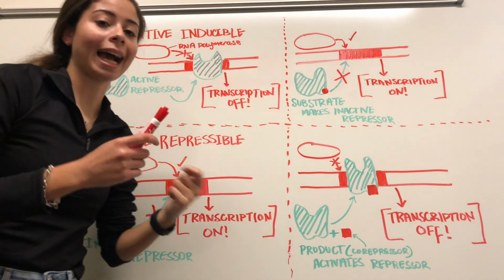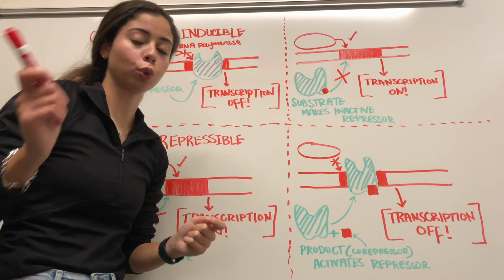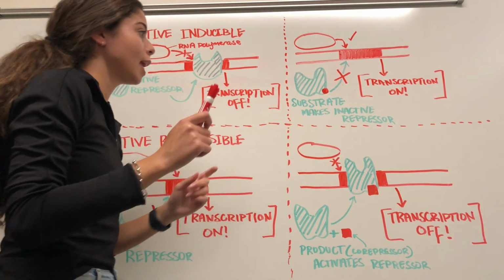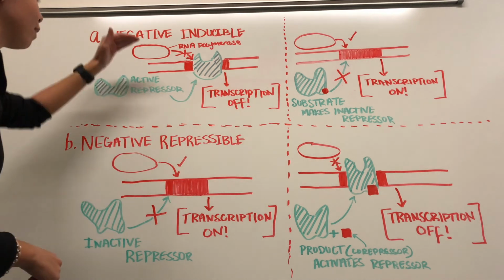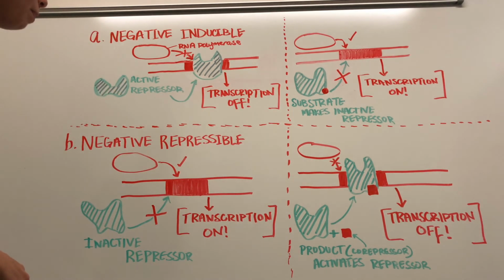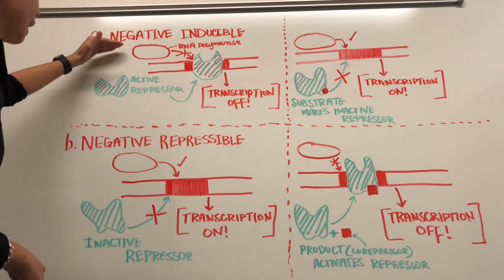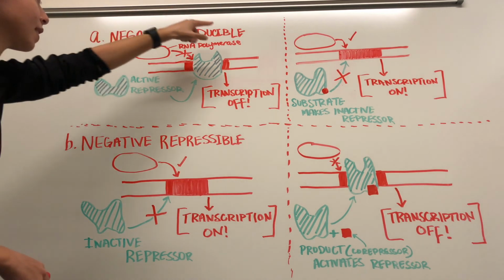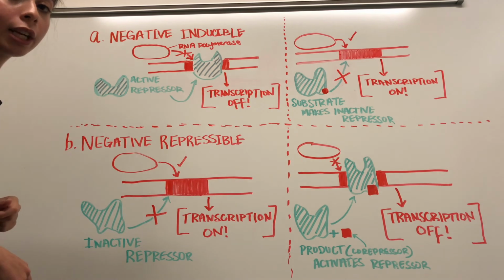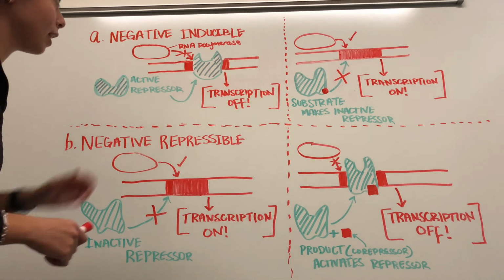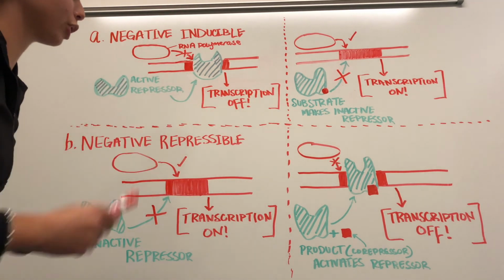Let's say an activator was in its place, which we'll talk about further in the video. In that case, the systems would have positive in front of them. So the negative versus positive in front of the system name refers to whether a repressor or activator is present. And then inducible versus repressible we'll continue to talk about.